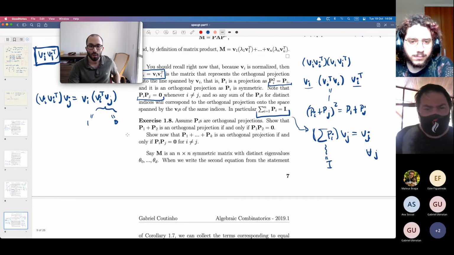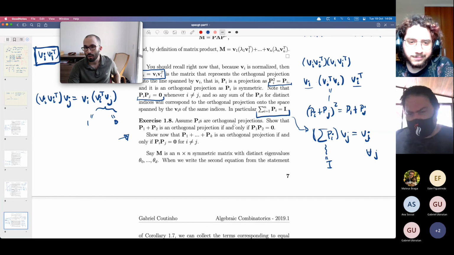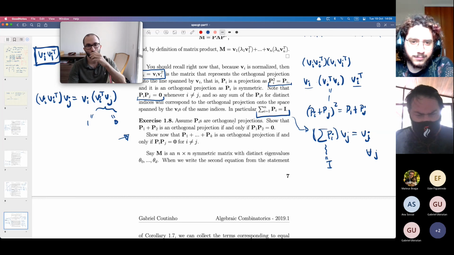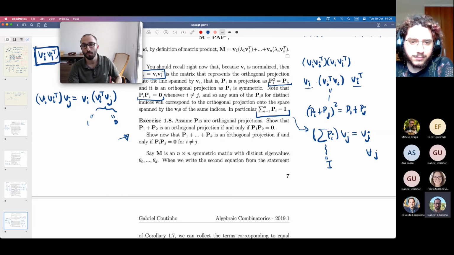Exercise 1.8, very interesting exercise. Assume the Pi are orthogonal projections. Show that the sum of them is an orthogonal projection if and only if P1 P2 is equal to 0.